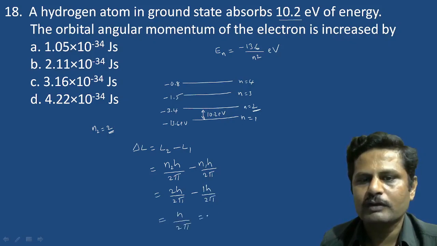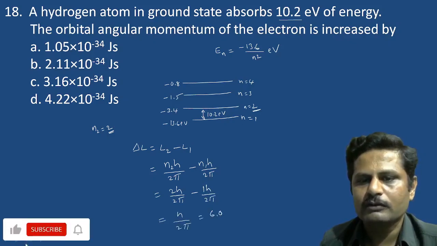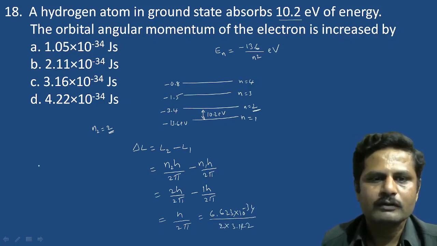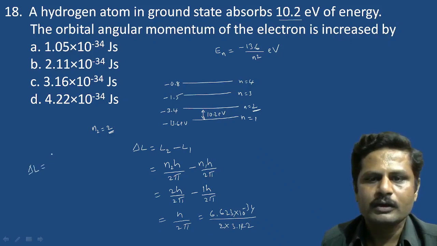I am substituting the values, that is h equals 6.6263 into 10 to the power minus 34 divided by 2 into the pi value, 3.142. So delta L is equal to 6.6263 into 10 to the power minus 34 divided by 2 into 3.142, which is 6.284.